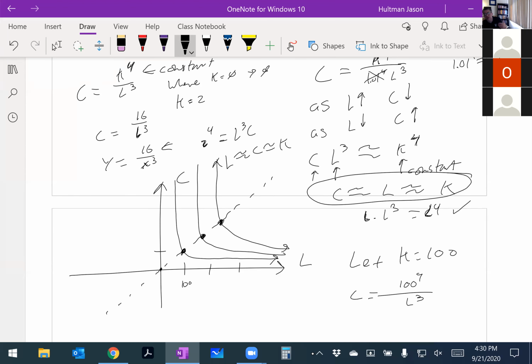It gives us a general idea of what these level curves are going to look like, because of the relationship between the powers here. It's counterintuitive, but it does work.